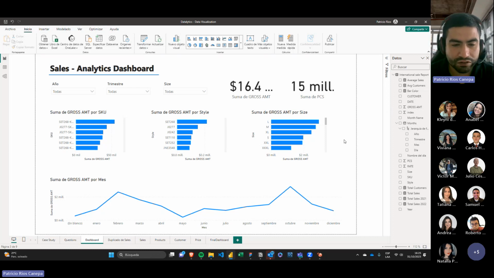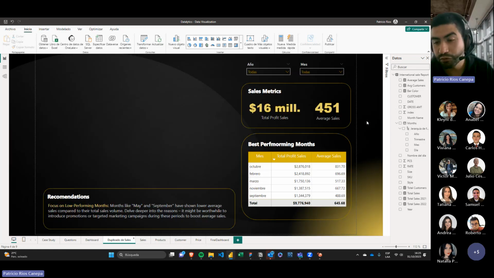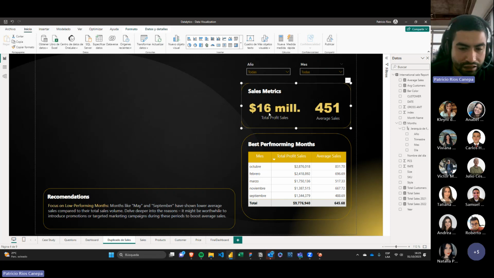So we're going to go through some sort of transformation to kind of understand, and later we will answer these questions with our visualizations. Okay, so first of all, we are trying to use as much consistency as we can, using the right color palette, using the slicers, using the right fonts, and also, as you can see, everything here is not just numbers and visualizations.